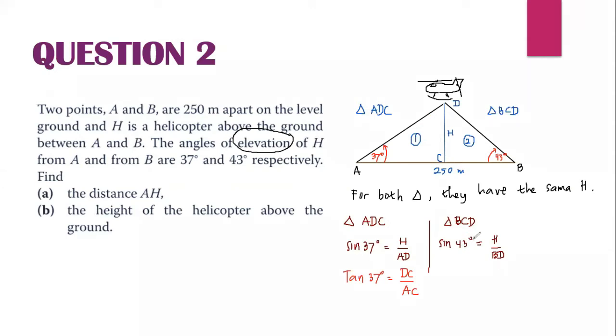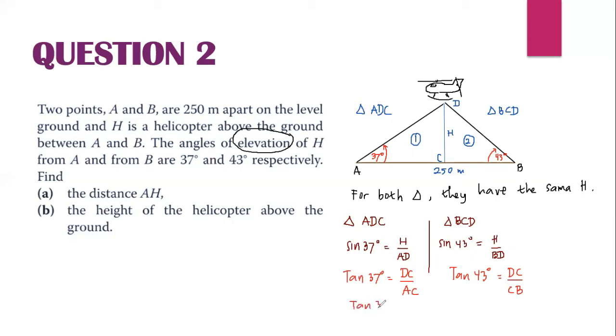But for the triangle BCD, tangent 43 degrees is DC over CB, right? Students, DC is height, right?